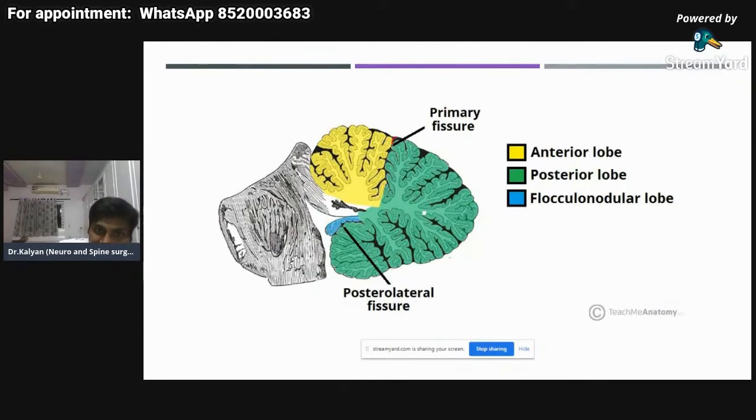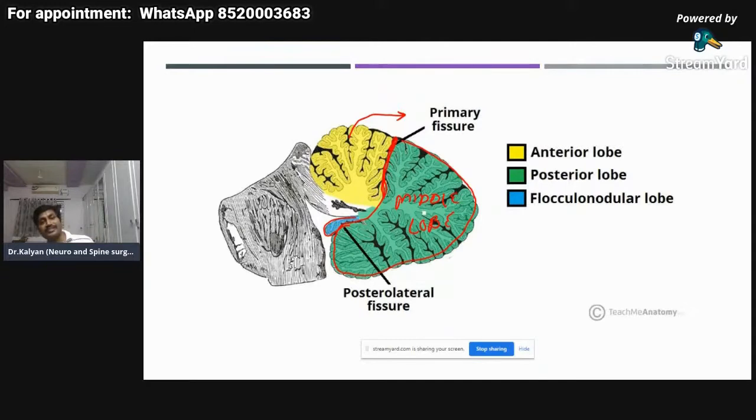The primary fissure is the thickest one, and it divides off the anterior lobe. The largest one, nearly the entire remaining part of the cerebellum, is the middle lobe. And the small structure I have shown you is the flocculonodular lobe, which is separated from the middle lobe by the posterolateral fissure.